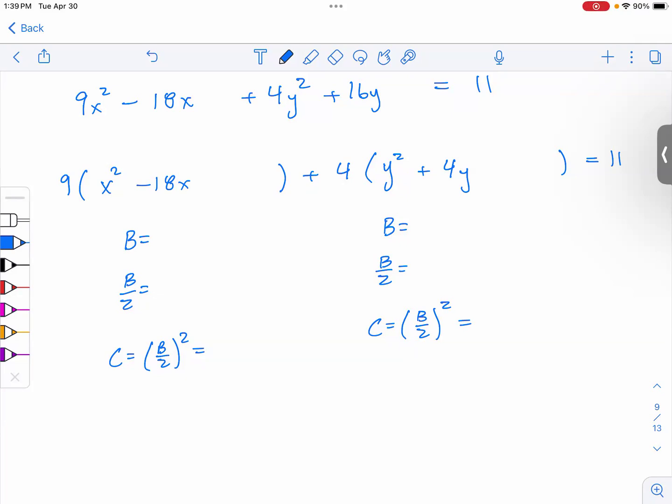Oh, whoops. Made that a lot harder. Factor the 9, that pulls 9 out of there. So on this one, B equals -2, and then -2 over 2.